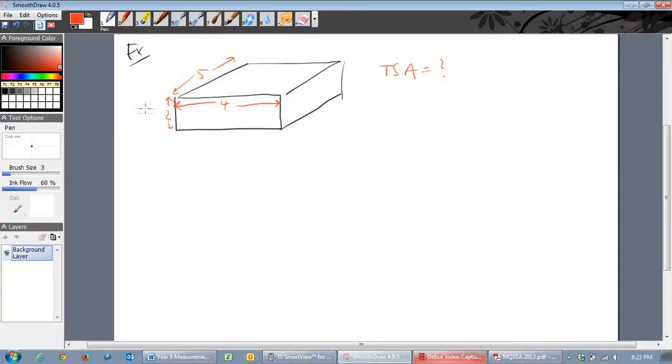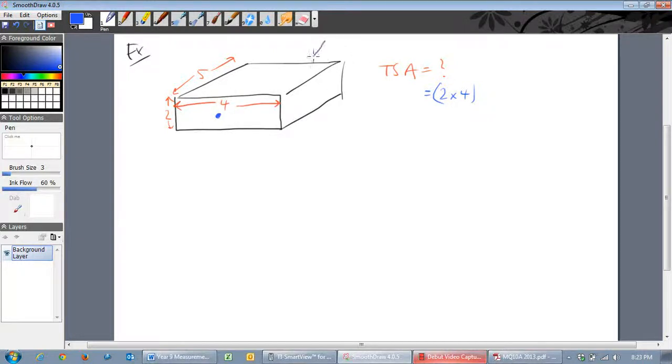Okay, so let's start at the start, and just be careful what you're doing, just to know what you've done and what you haven't done to keep count. Okay, so let's start with this face here. What's the area of this? Well, it'll be 2 times 4. Okay, that's the area of that.